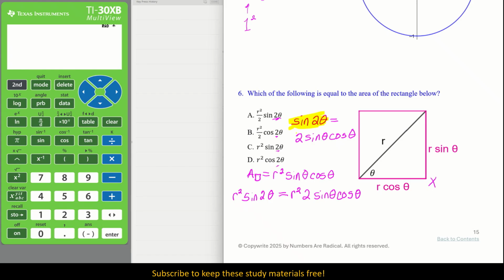However, that's not what I started with. What can I do to go back to the actual area that I need? Well, divide both sides by 2. So I'm going to divide by 2 here, divide by 2 here.